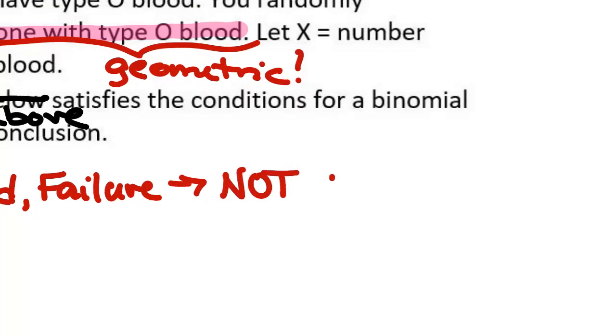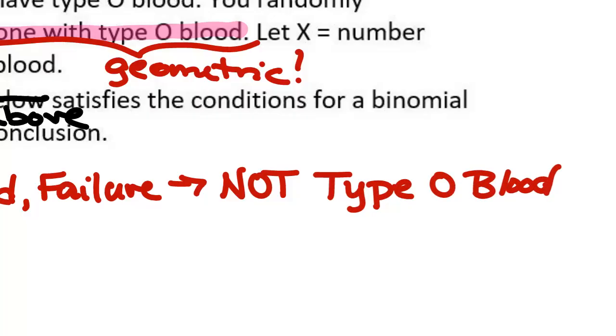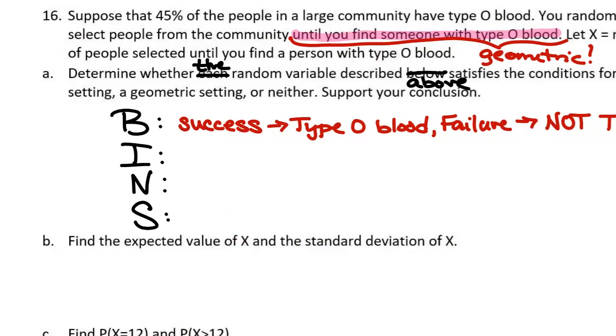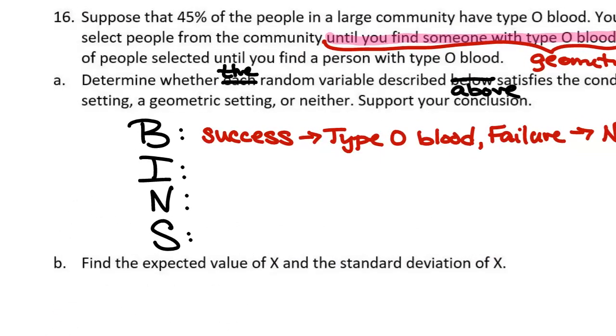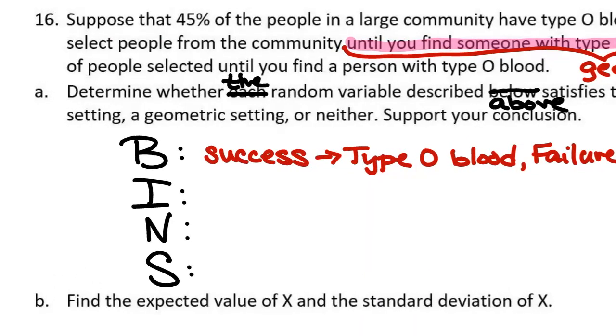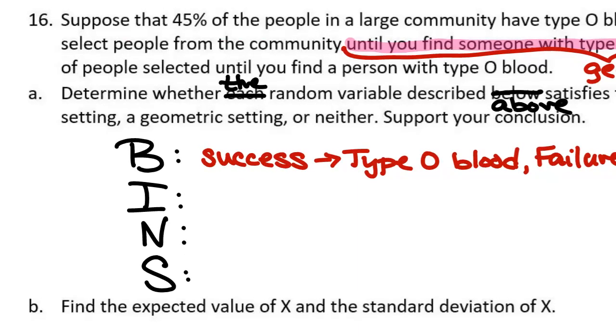Failure is not type O blood. Is this independent? No, but it follows the 10% rule. I love it. Technically, it's not independent, but as long as I write down my check and I show that it meets the 10% condition, we can get independence. What'd you say? Well, 45% is not what we're looking at.